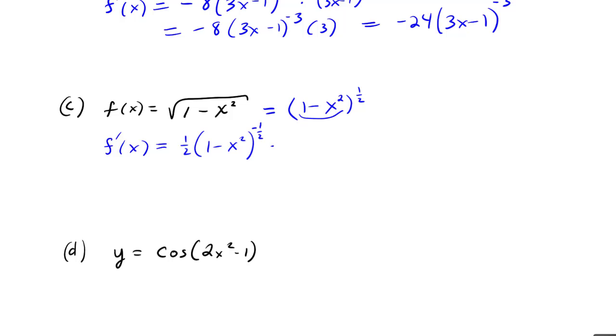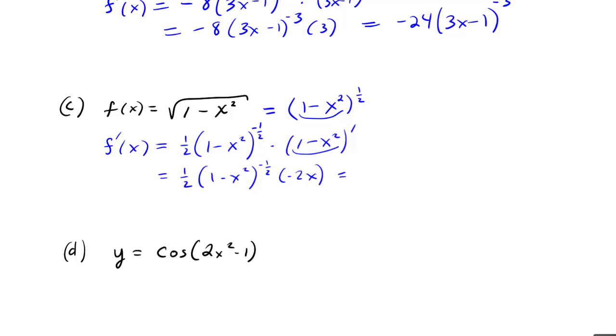then I go inside. What I was holding was the 1 minus x squared, so I need the derivative of 1 minus x squared. So I get 1/2 times 1 minus x squared to the minus 1/2, and then the derivative of 1 minus x squared is 0 minus 2x, so minus 2x.